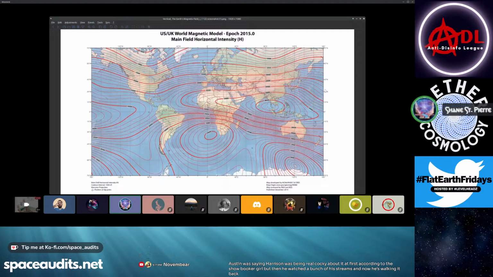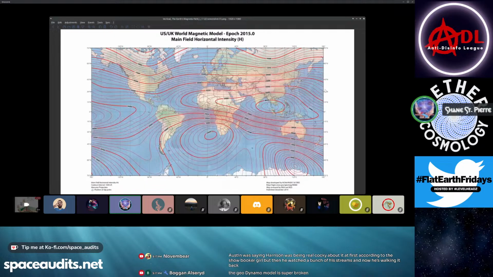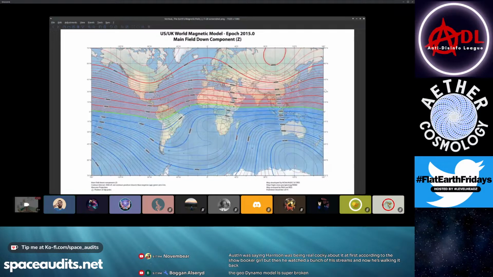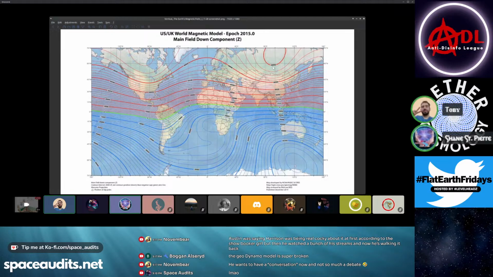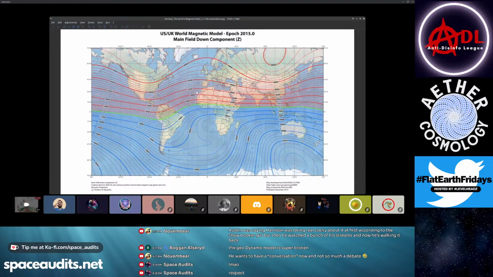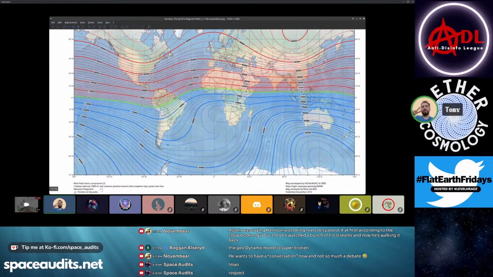And they have that data rolled back to the 1600s too, though. Well, obviously they can't have that to a very high level of precision. And then you have the down component. So this is how much is coming down. What is this measured in again?